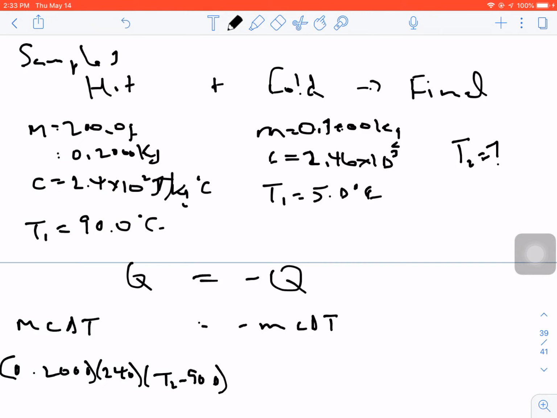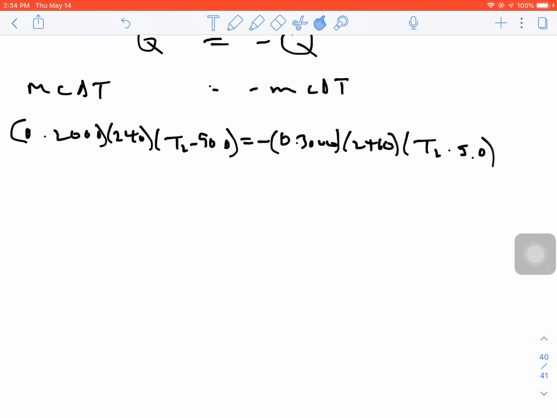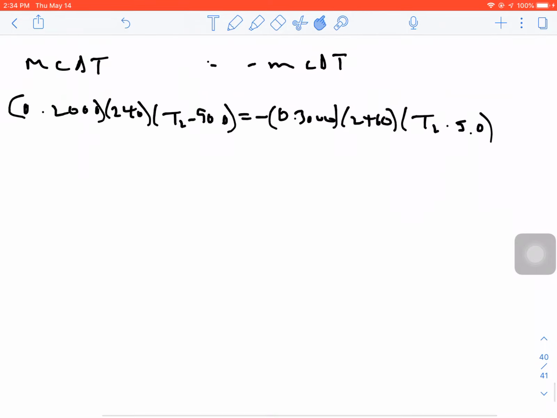If I remember correctly, it is. Okay, so I need to make that equal to what's on the right side, which is the negative of the mass, 0.3 times the C value, 2.46 times 10 to the 3, times T2 minus T1, which was 5 degrees C. All right, so again, now your algebra skills are going to kick in, and we're all going to have slightly different ways of doing this.